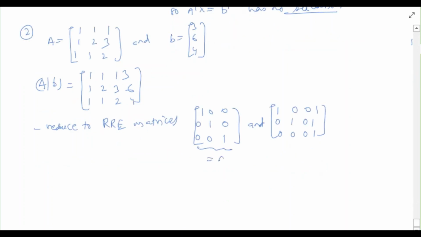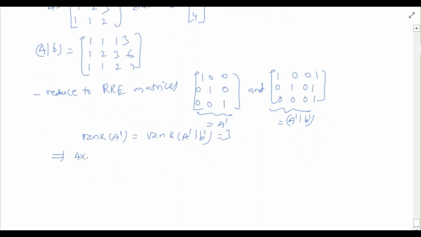If I define the first one to be A prime and the second one to be A prime B prime, I see that the rank of A prime is the same as the rank of A prime B prime. Both have the same number of non-zero rows, that is 3, and so Ax equals B has a unique solution, and this unique solution can be directly read from A prime x equals B prime, which is nothing but x1 equals x2 equals x3 equals 1 in this case.